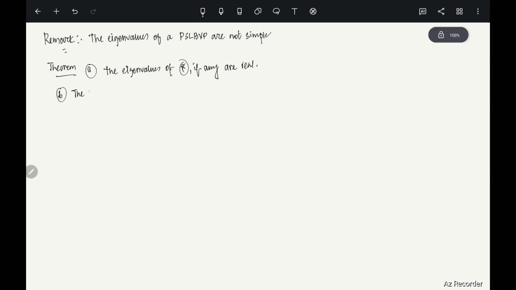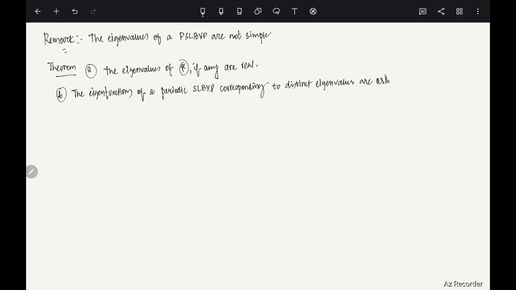The theorem says the eigenfunctions of a periodic Sturm Liouville boundary value problem corresponding to distinct eigenvalues are orthogonal with respect to R in AB.